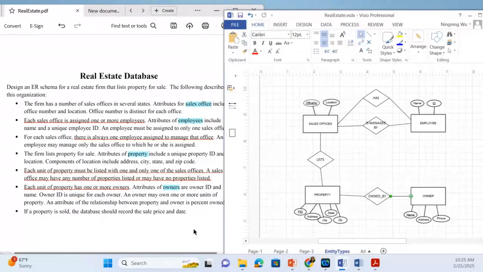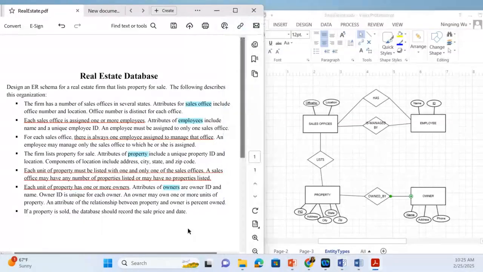I think what else are we missing here? Let me double check. An employee will manage only, okay, property. Okay, I think we have one more: percent.